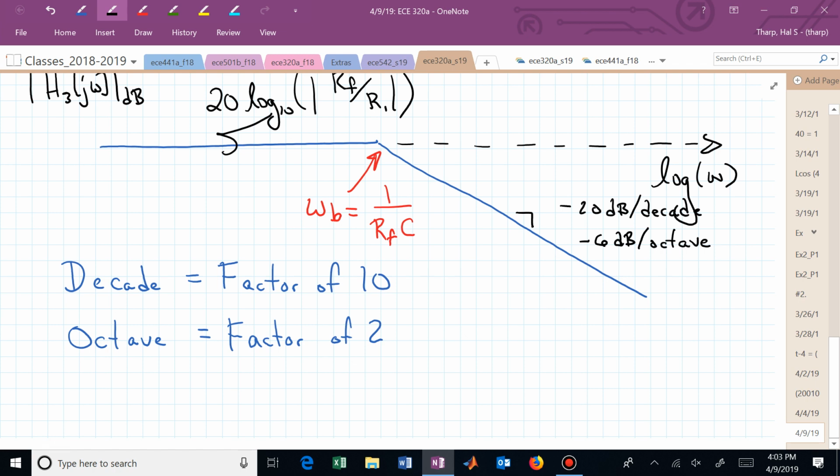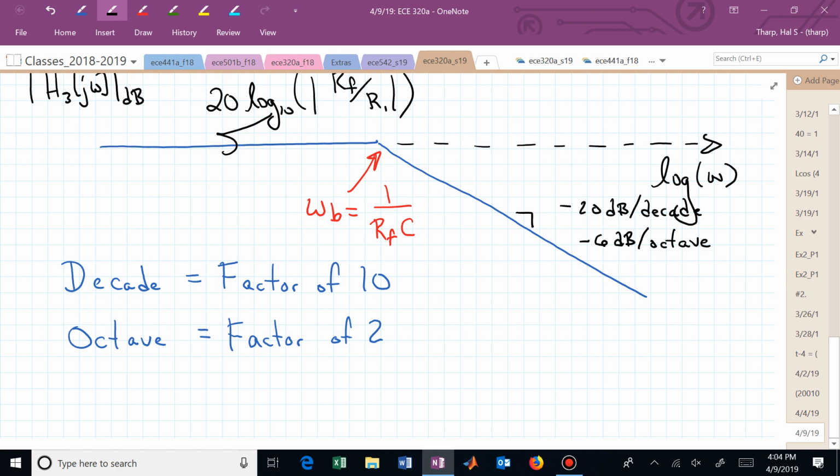Yes? But how do you get 6? So now, if you did this comparison or derivation, you could derive, oh, I have minus 20 in a factor of 10. Now if you measured that same slope over an octave interval, you would see, oh, it's actually sloping at minus 6 per octave.